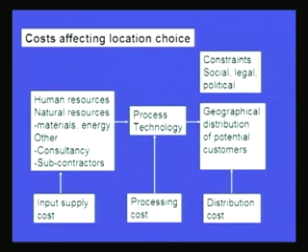Now, what are the costs? Initially, there are certain inputs that go to the processing unit or the plant or the factory, and then we have certain products that are produced as an output of this process technology, which are then put into the market. The market is the geographical distribution of potential customers.